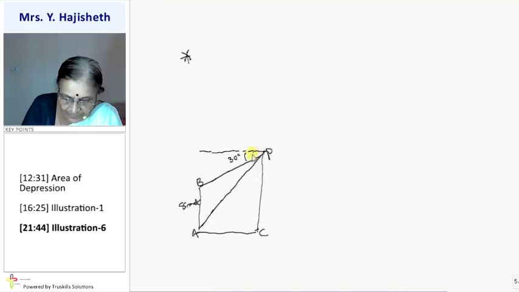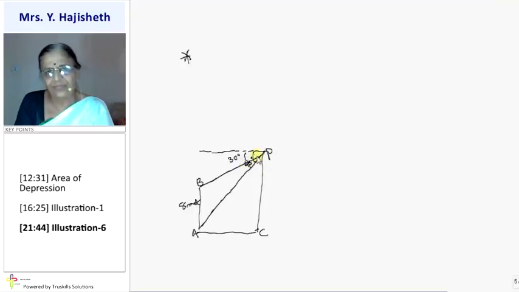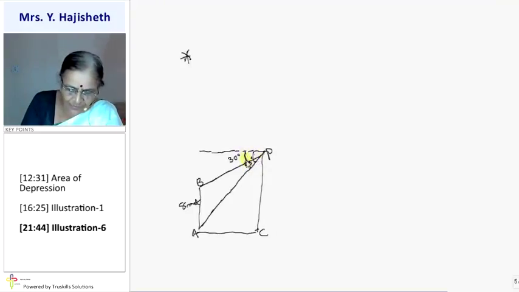Clear? So, this whole is 45. Clear? Clear? दिखता नहीं है. Right? This part of the angle is 30 and the whole angle is, मैं ऊपर लिखती हूँ 45 degree.